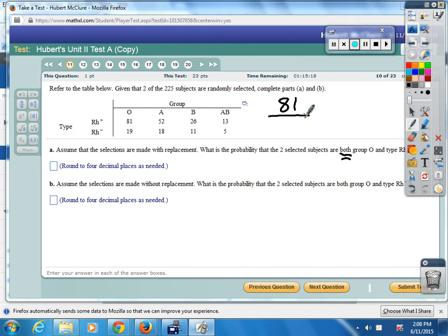That's what it says, 225, yeah. 81 over 225 times what? 81 over 225, because it's 2, right? Given that 2, so that'd be raised to the what? Second power. And crank that out for me. 0.1296. And that's what would go here, 0.1296. I was thinking of a different problem.